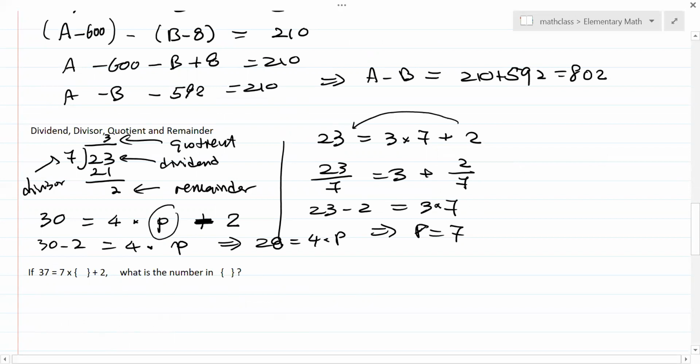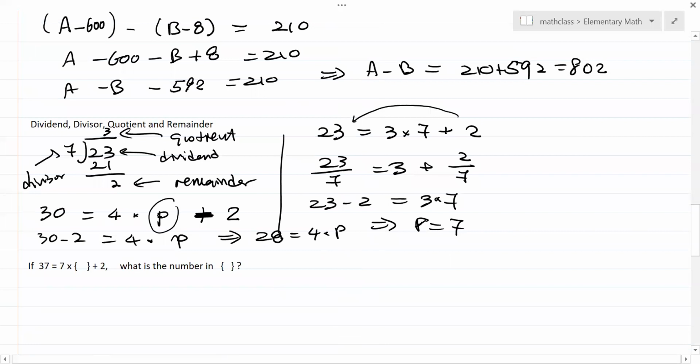All right, now let's take a look at this number. 37 is 7 times some number plus 2. What is that number? 5. How do we do that? 37 minus 2 equals 7 times that number, and then 35 equals 7 times that number.